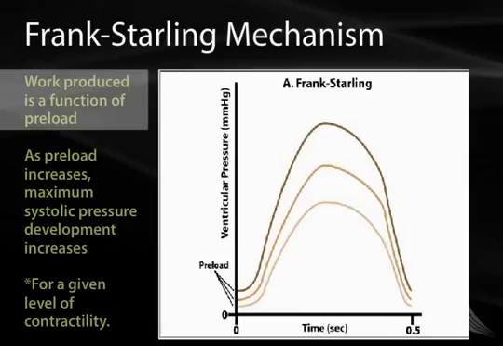As you can see, during the cardiac cycle, the heart can generate pressure and then it relaxes as pressure goes up and goes down. Starting out with 3 different levels of preload, meaning 3 different amounts of left ventricular end diastolic pressure, the heart is able to generate 3 different levels of ventricular pressure during systole.